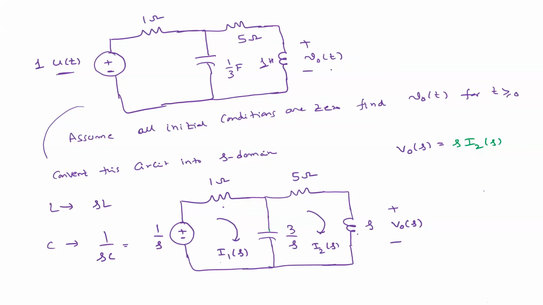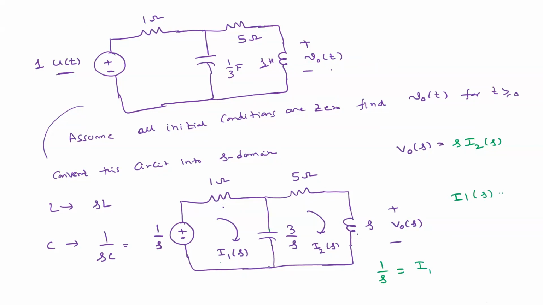You have the source 1 by S equal to the drop in this resistor, I1 of S. I'm just writing I1 instead of I1 of S to avoid confusion.